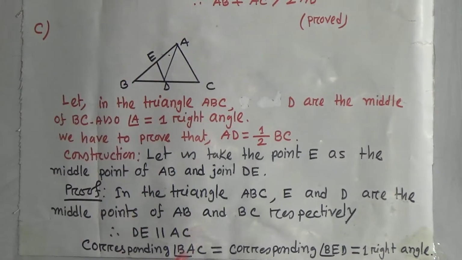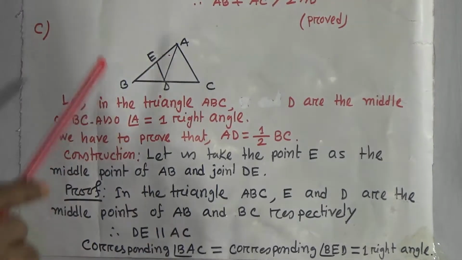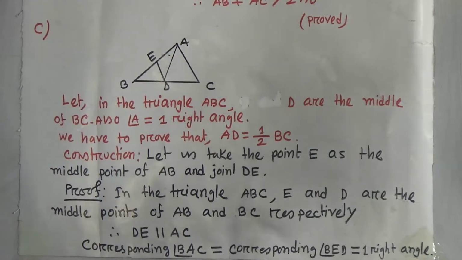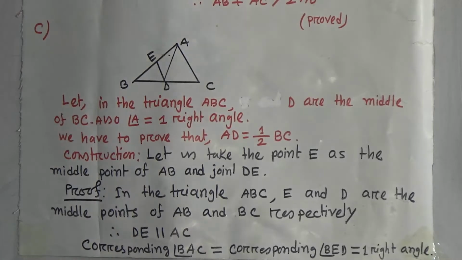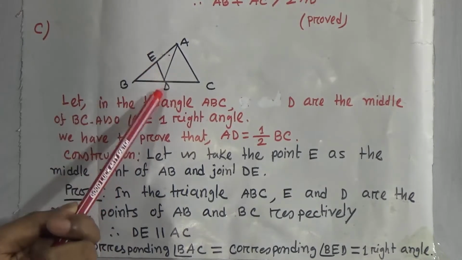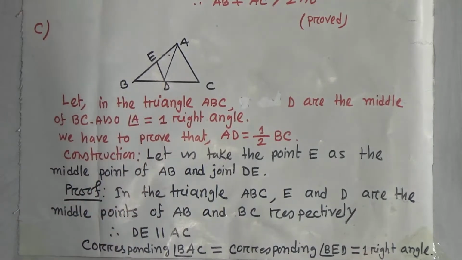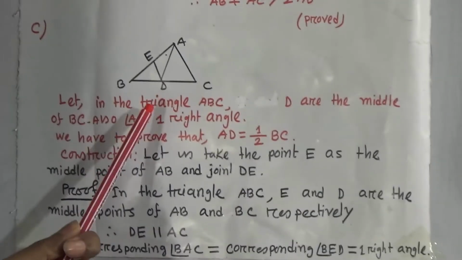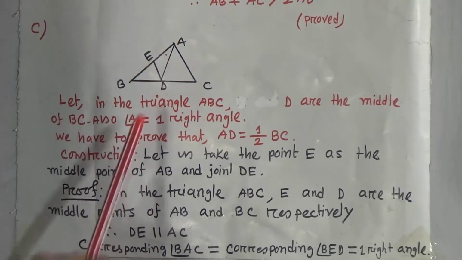DE and AC are parallel, and the corresponding angles BAC equals what? BAC is already 90 degrees, one right angle, and the corresponding angle BED is also a right angle. Student, remember BED equals a right angle. Therefore, AED is also a right angle.